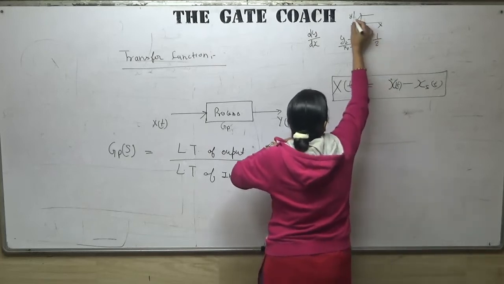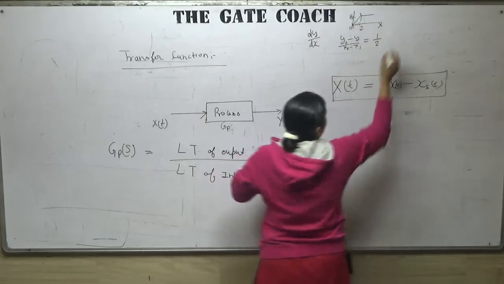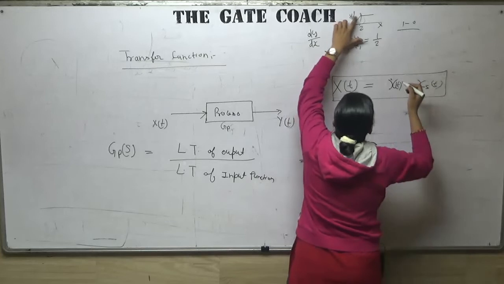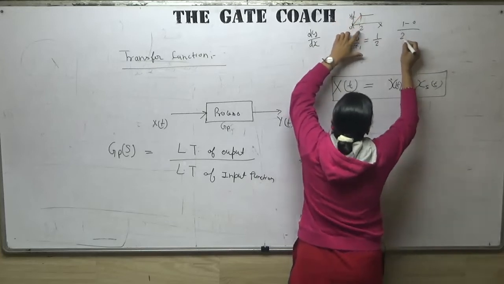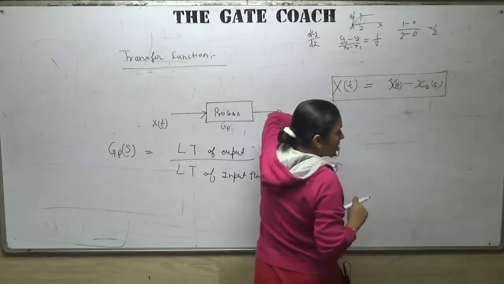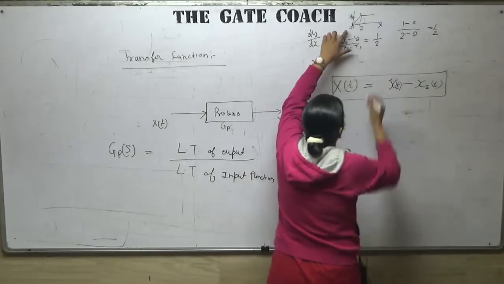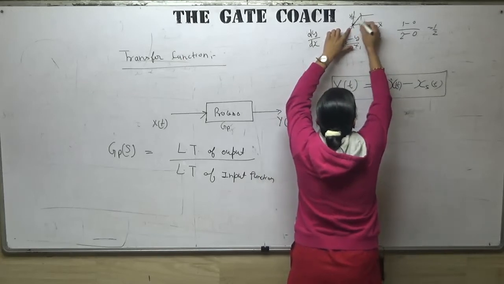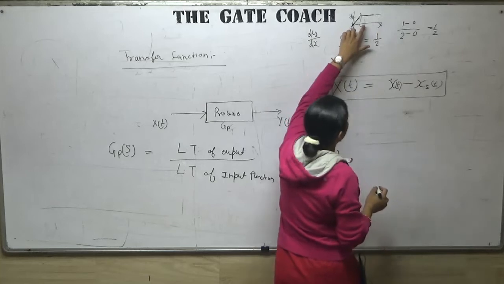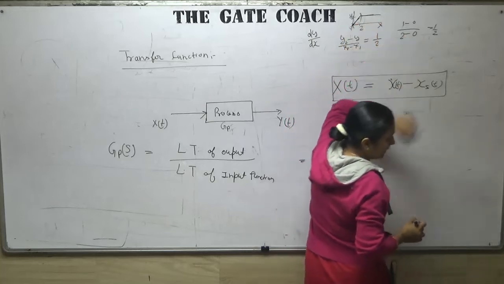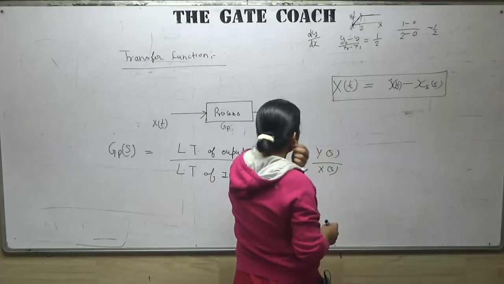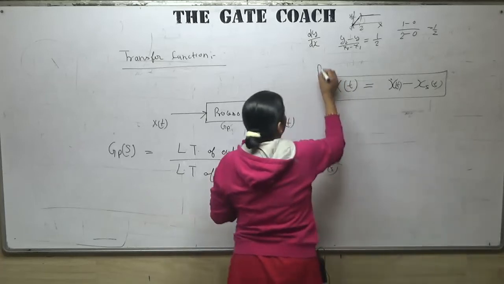That is 2 here, 1 here, 0 here, so 1 minus 0 upon 2 minus 0, that is 1 by 2, and we have taken 0 to 2 because that ramp curve goes from 0 to 2. After 2 it will be constant from 2 up to infinite time, so that is taken as 2 to infinite.